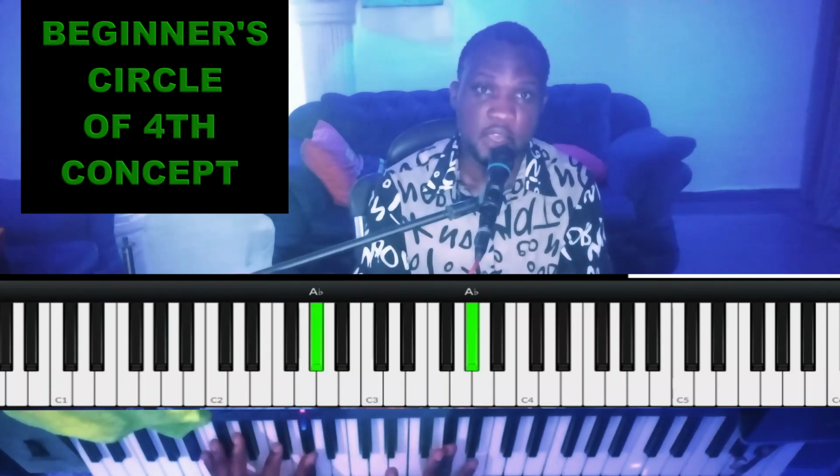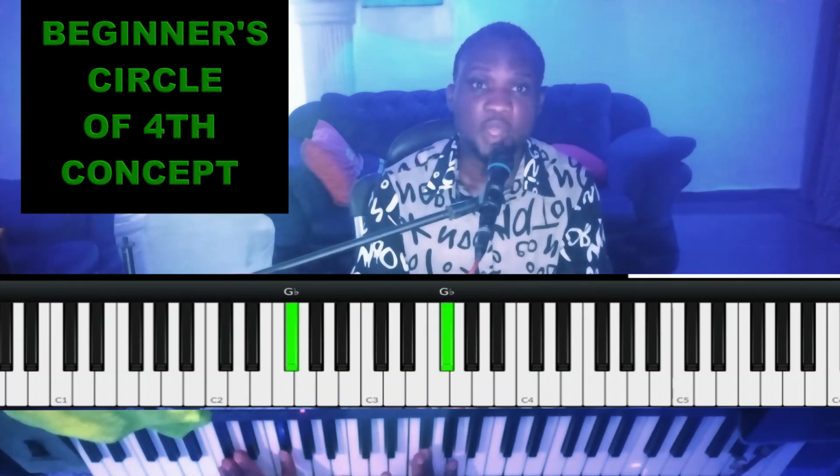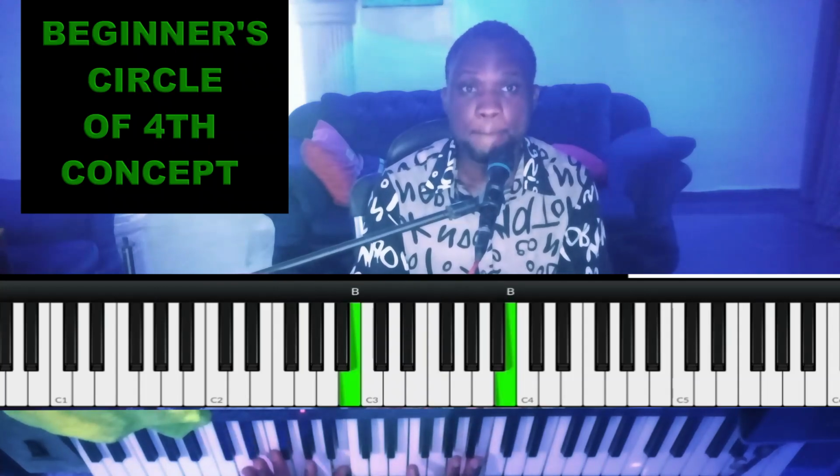E flat, A flat, C sharp, F sharp. The perfect fourth away from F sharp is what? B. Okay? And after B we have what?